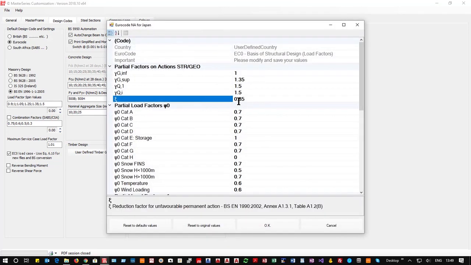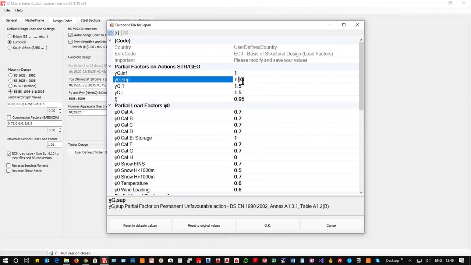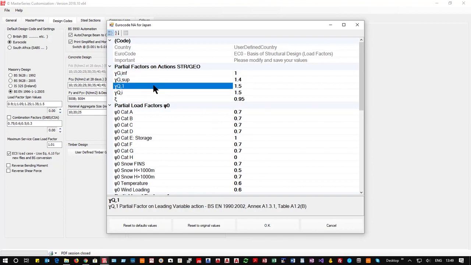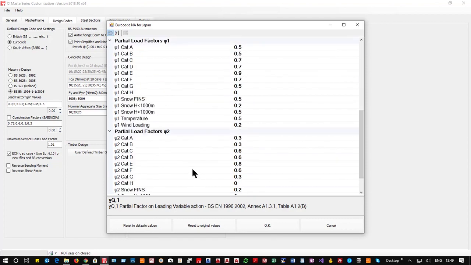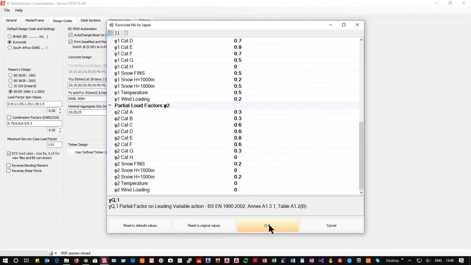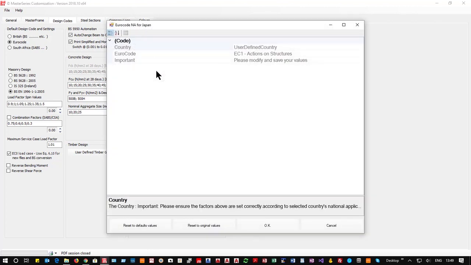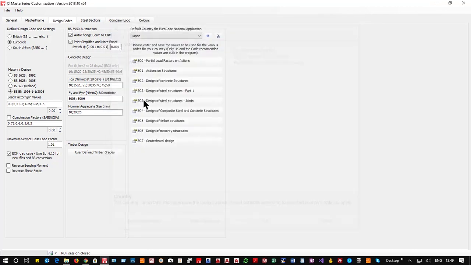and at this stage I can then go in and say, well, actually in Japan we're going to use 0.95 for epsilon, and we're going to use 1.4 for our basic dead loads, and we're going to have nothing else for our basic loads, but our actions, that's no changes.